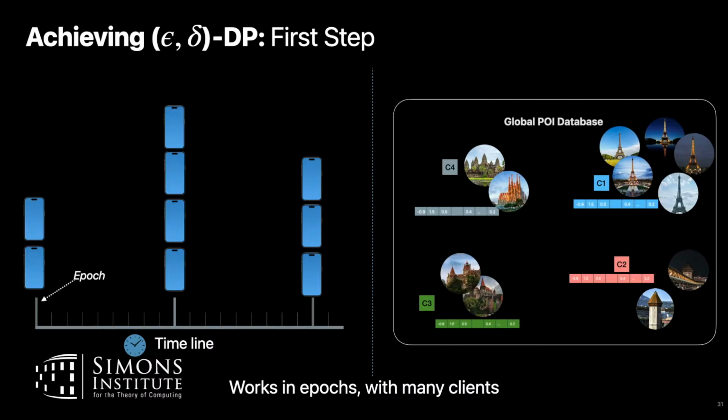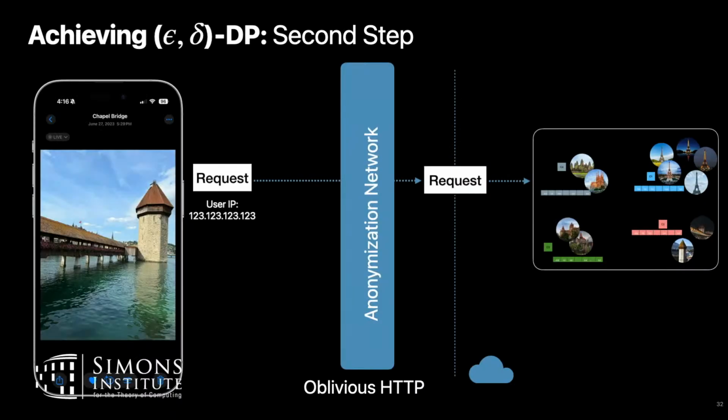And how we achieve this is we do this in 4 steps. First, the system is working in time periods called epochs. In every epoch, many honest clients make queries. Second, these clients' queries get anonymized. As I mentioned, we route this stuff through oblivious HTTP, and so that's removing identifiable information. And so from a server's view, every query is unique.